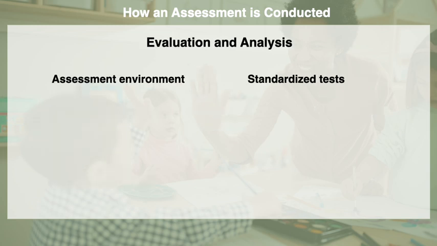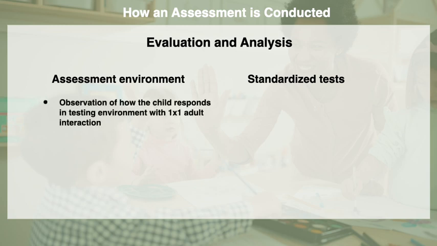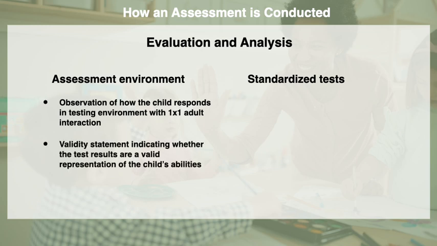The next piece of the assessment is really the evaluation analysis. And so the assessment environment is a huge way that we provide a comprehensive lens of your child, because it's a way to observe how the child responds in a testing environment with one-on-one adult interaction. And so with this, there's also a validity statement that indicates whether the test results are a valid representation of your child's abilities.